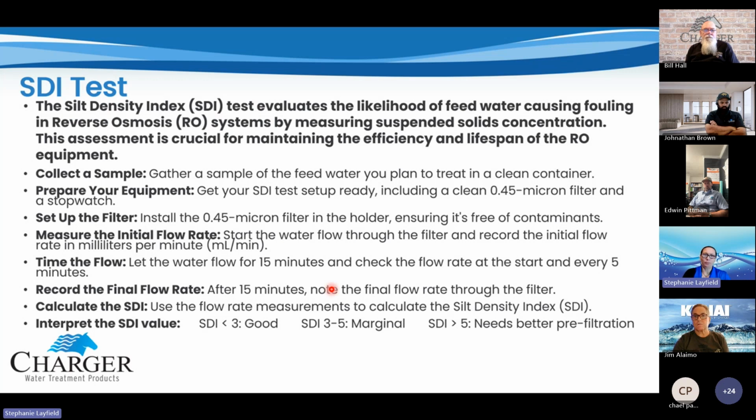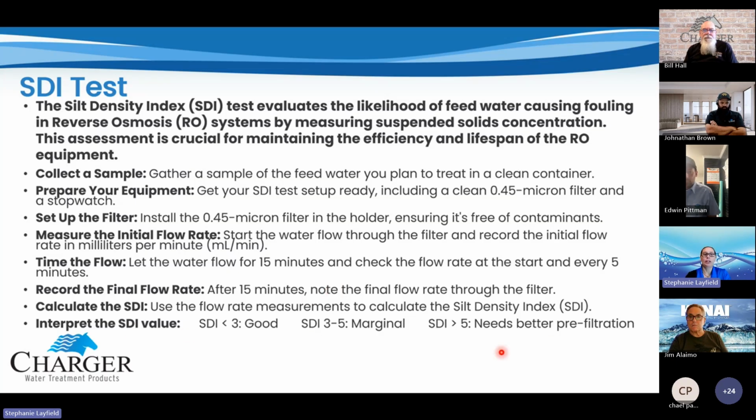You get a sample, and you're going to have a 0.45 micron, really tight filter. You measure the initial flow rate through that filter, and then allow it to go for an amount of time, 15 minutes or so, and then check the flow rate again. We're seeing how quickly that flow rate drops. So how quickly is that membrane going to be clogging up?